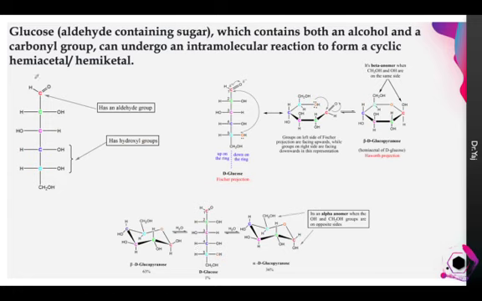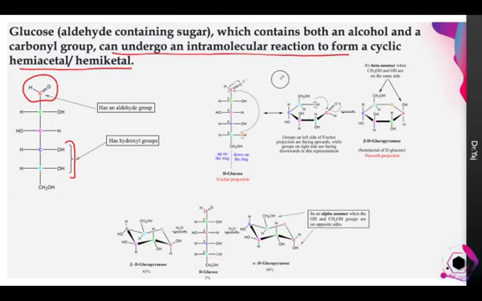So this is the linear structure of glucose. As you can see here, glucose has an aldehyde functional group. It also has hydroxyl groups. Under certain conditions, they can undergo an intramolecular reaction to form a cyclic hemiacetal or hemiketal.